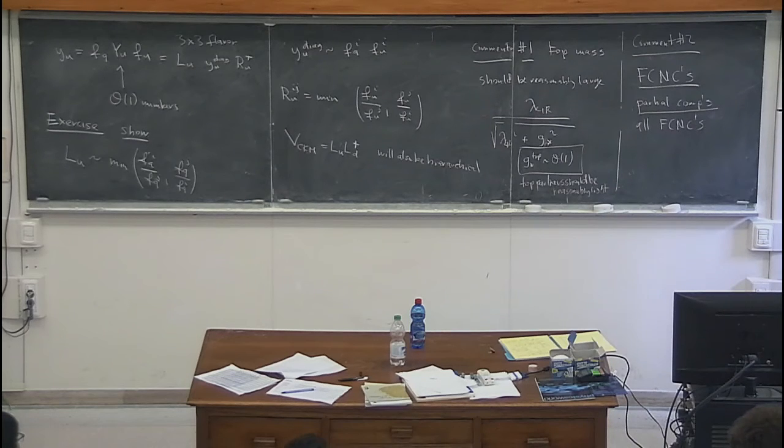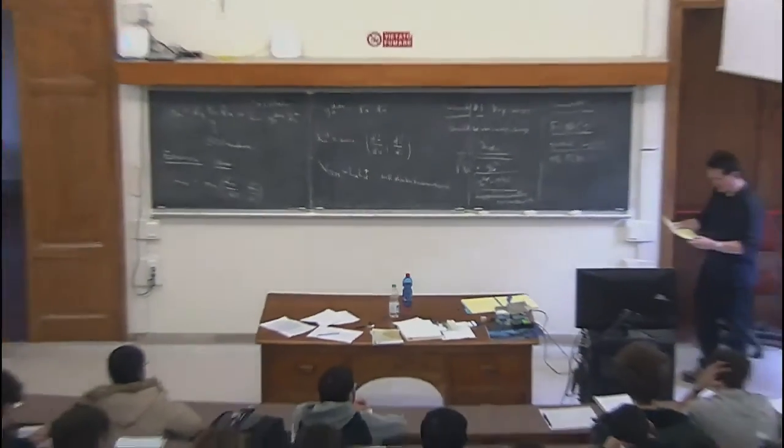There could be some in the composite sector, yes? But for my light fields to feel the effect of flavor changing neutral currents, I have to mix them with the composite sector.